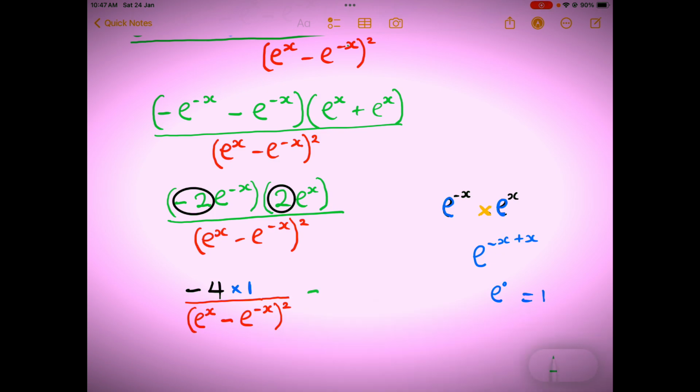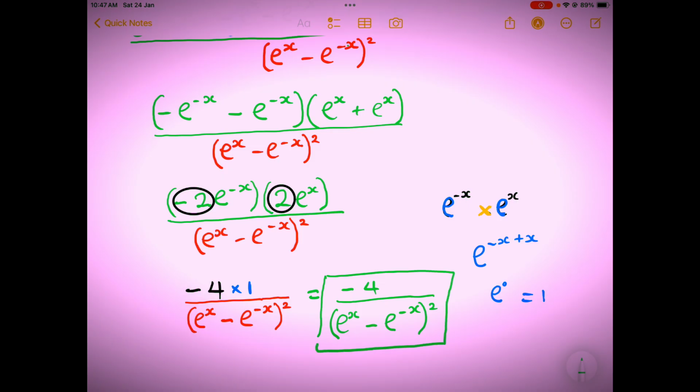So from here, we can write our answer as negative 4 all divided by (e^x minus e^(-x)), you close the bracket, all squared. So guys, this is the solution so far as the question is concerned.